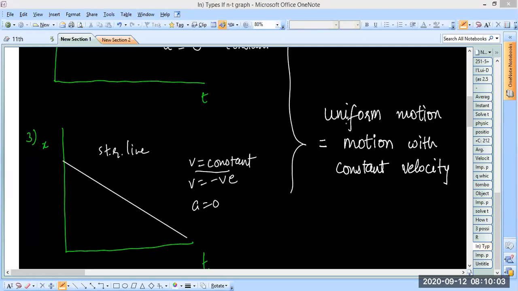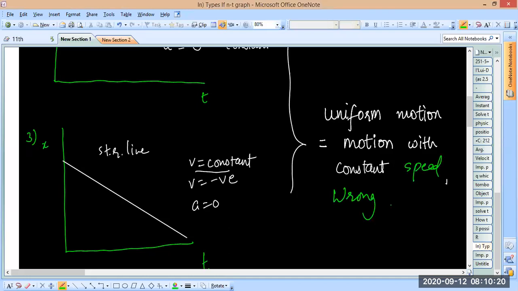All right. Yeah, no problem with that. Good morning. So everyone remember, probably in lower class, maybe ninth, you would have studied that motion with constant speed is called uniform motion. This is wrong. Okay. So remember, motion with constant speed is not called uniform motion.